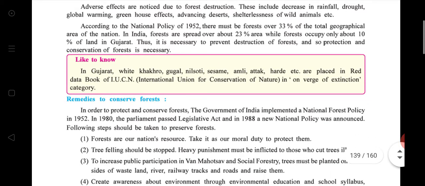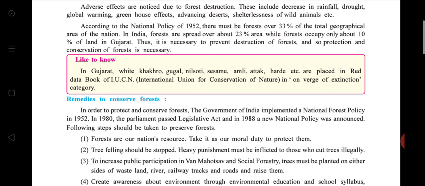According to the National Policy of 1952, there must be forest over 33% of total geographical area of the nation.